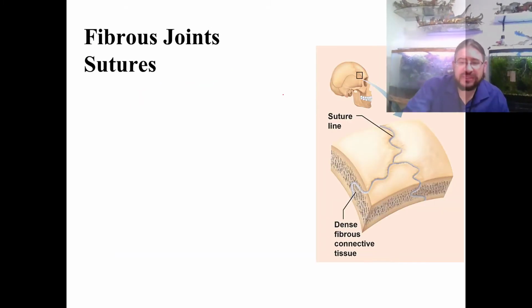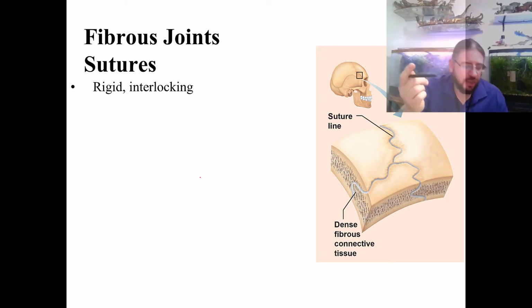Looking at sutures specifically, these are rigid interlocking joints. So you can see that they fit together like puzzle pieces, right? So that is our interlocking structure, even when you are looking at a cross section, they have that interlock there.